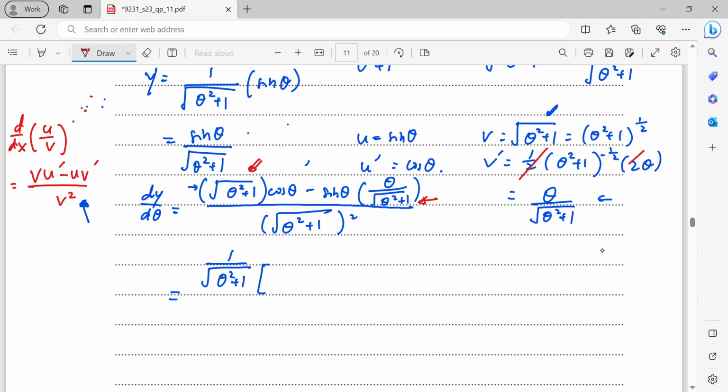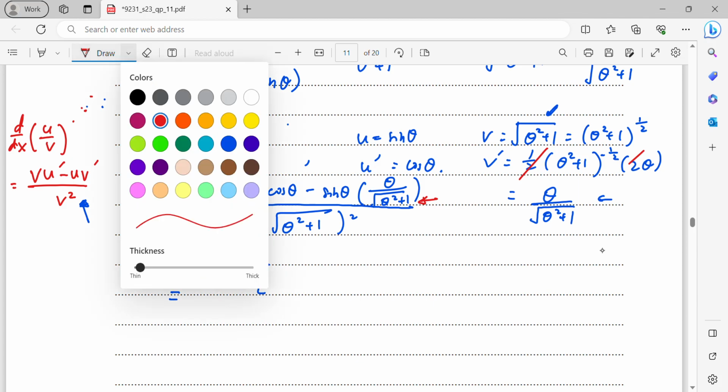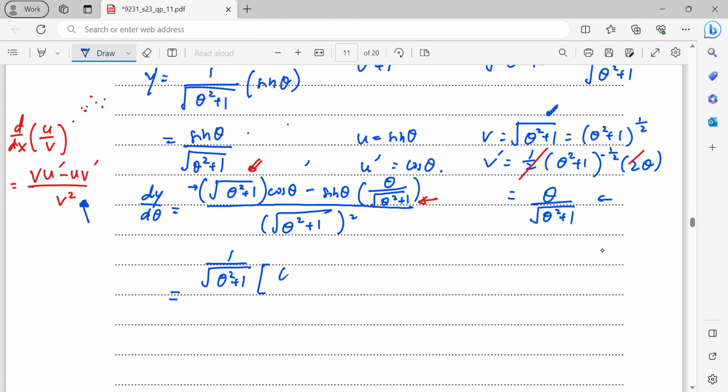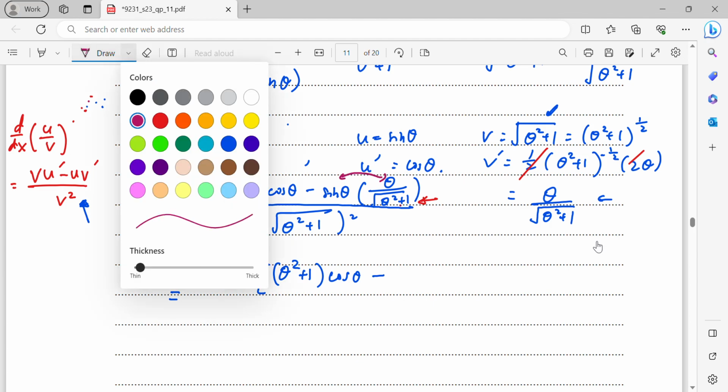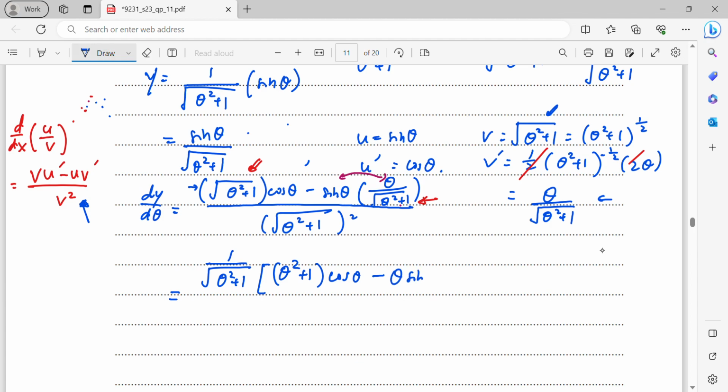I factorize the negative power half, which means that you still have power 1 for theta squared plus 1 cos theta. Then minus, once you have factorized the denominator, you still have theta together with the sine theta. So I will get sine theta over the power half, or the squared and the square root can be cancelled off. So theta squared plus 1.